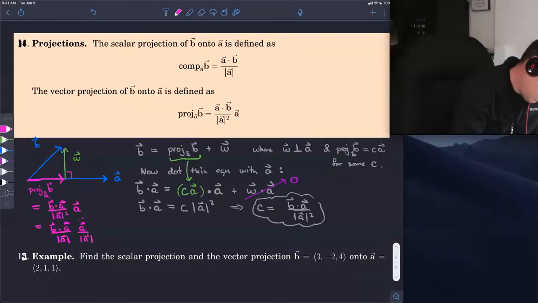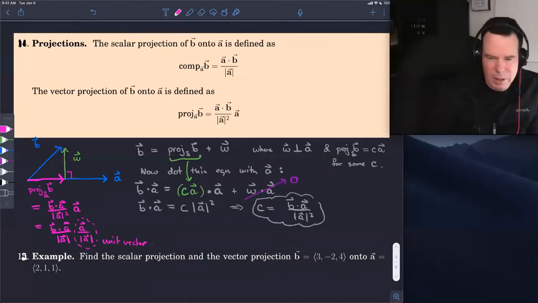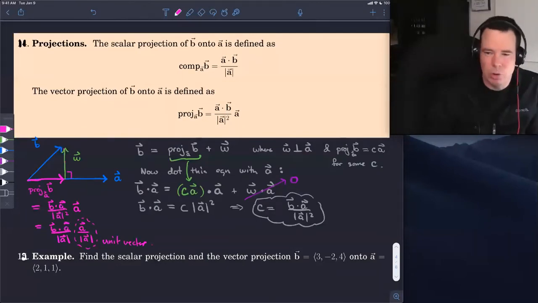And so the point here is, now this is a unit vector. And so the projection of B onto A is B dot A over the length of A. That's how much of it points in the direction of A, because it's being multiplied by a unit vector now.